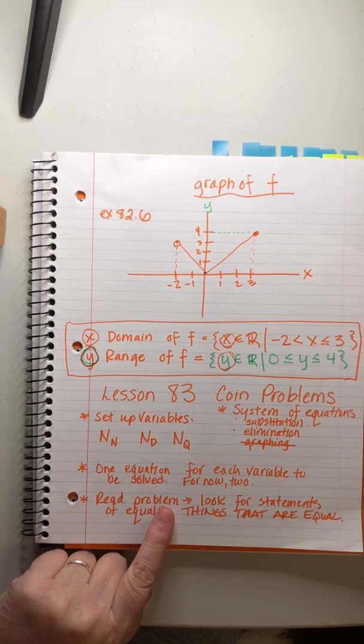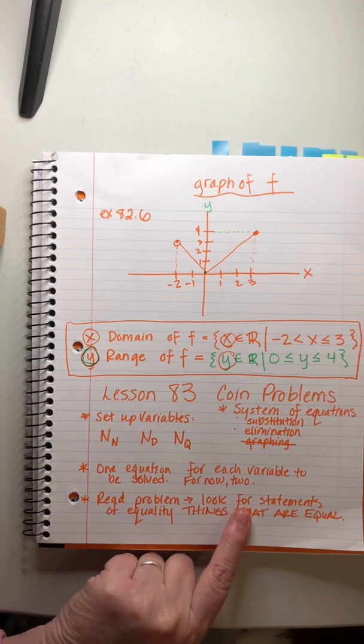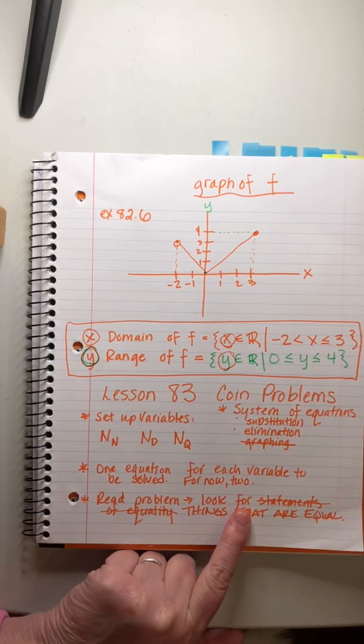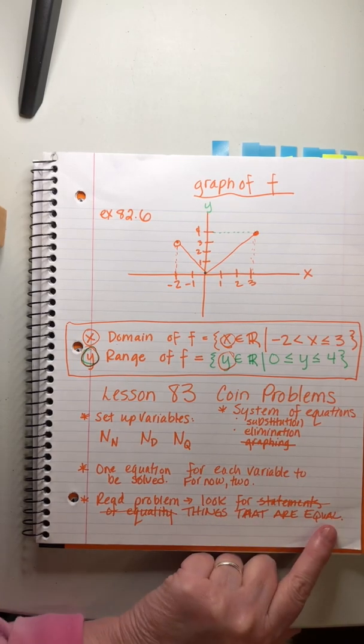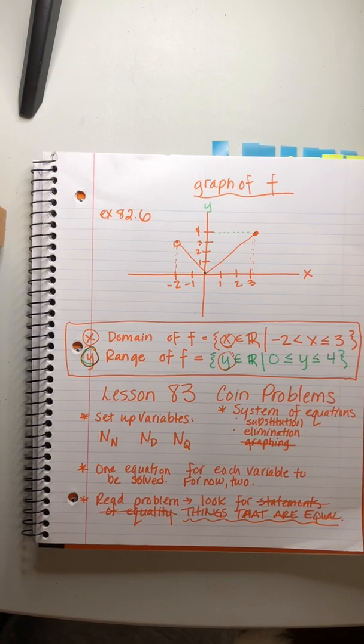As we read the problem, which is in words, we look for, I wrote statements of equality, but that's such a John way of saying it. We look for things that are equal. That is the normal way to talk about this. John's going to tell us this equals that. This is equal to this.